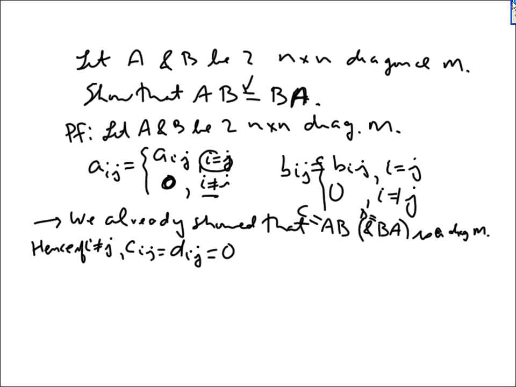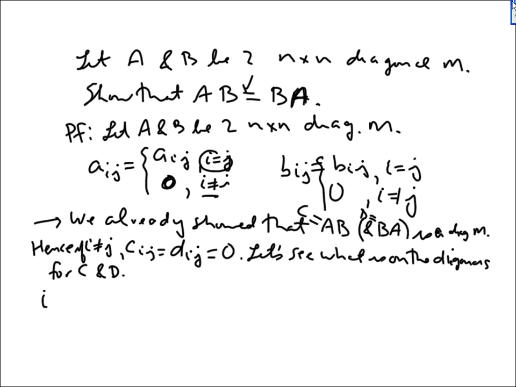So I need to show what's on the diagonal is equal. Let's see what is on the diagonals for C and D.